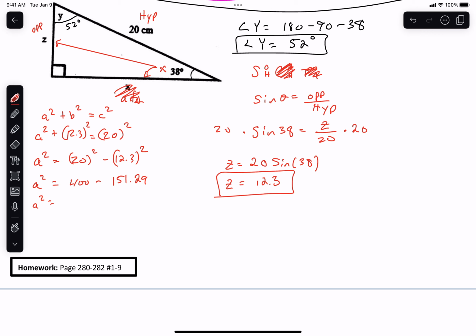Okay, what's that answer? Ricky? 15.87. After you square root it? Yeah. What's the answer before you square root it? 248.7.